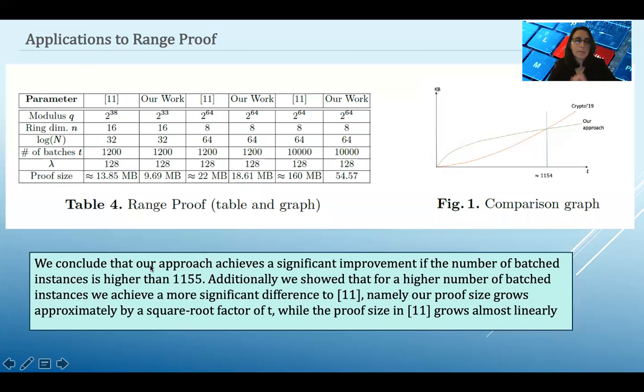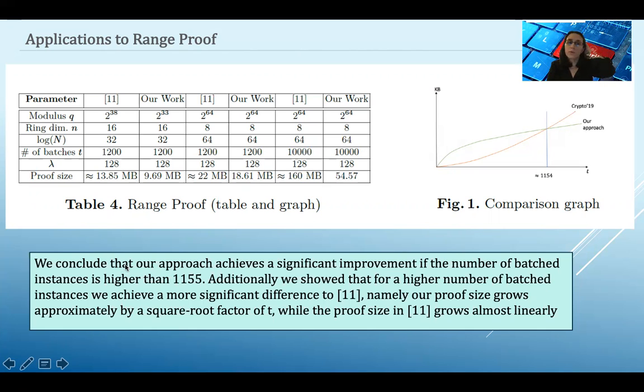As you can see, the main conclusion is that for smaller parameter sets, the difference from the Crypto paper is not that big, but the difference becomes bigger the larger the number of batches we are considering in our protocol.